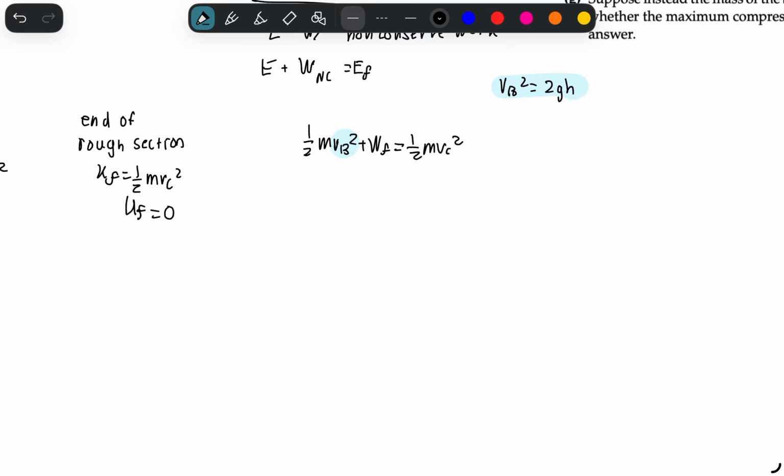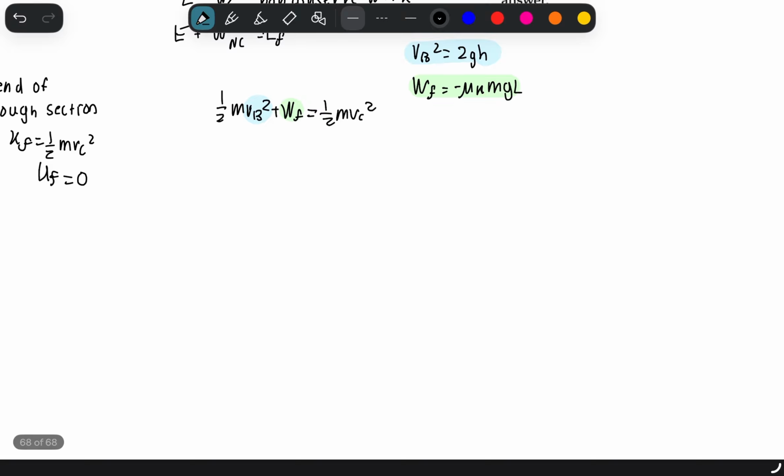We also know that the work done by friction is negative mu k m g l. If we substitute these in, we get 1/2 m times 2 times gh minus mu k m g times l is equal to 1/2 m vc squared.